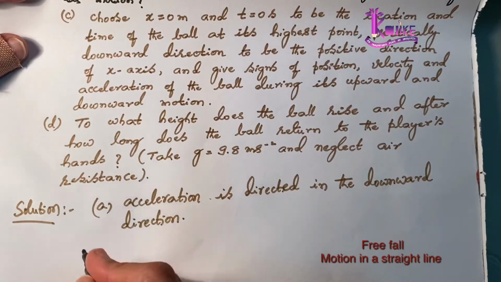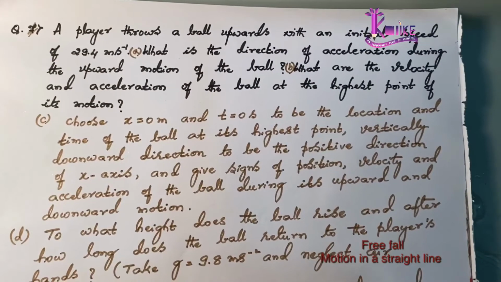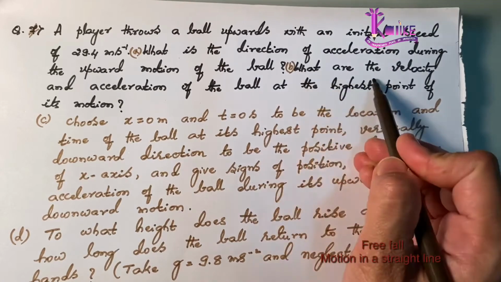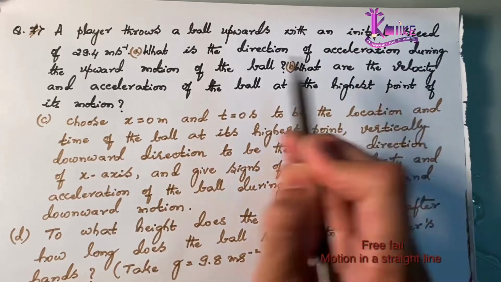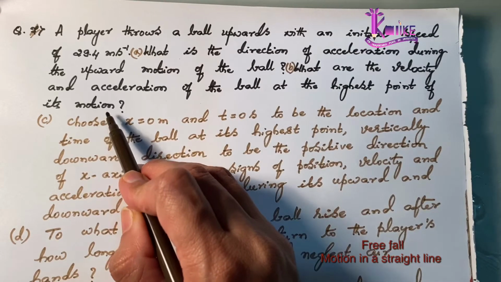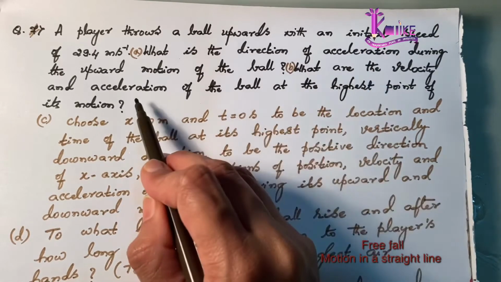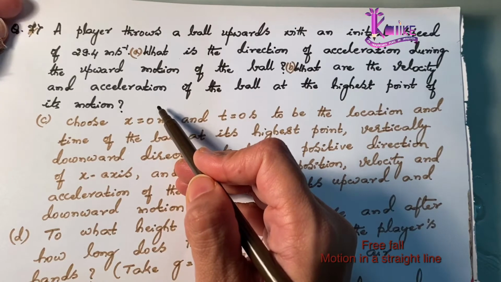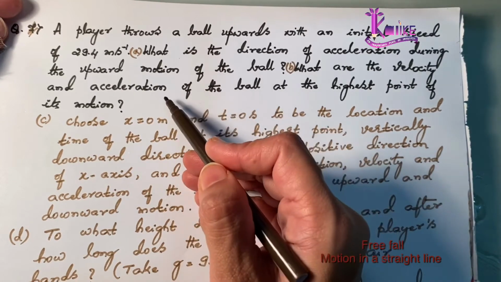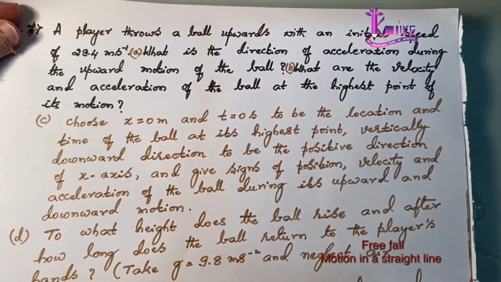Right. Now let's take the second sub question. What are the velocity and acceleration of the ball at the highest point of motion? We know that at the highest point of motion the velocity of the ball is 0 and the acceleration again is directed in the downward direction, equal to 9.8 meter per second square.